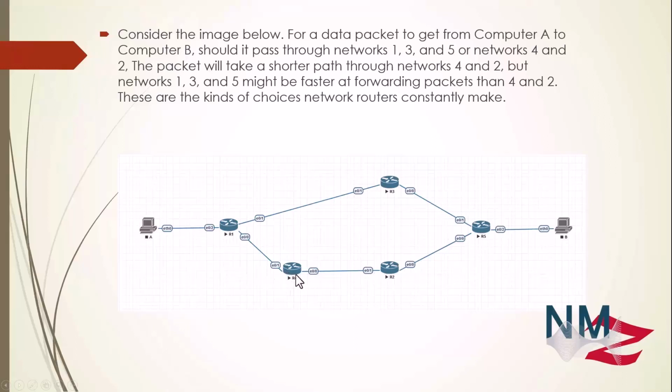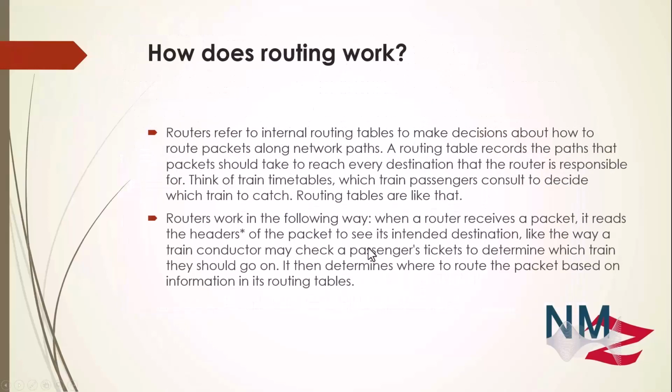In this case, the router will decide which path to select to transfer this packet from computer A to computer B. As you see, the top path is shorter, and the router may use it to send the traffic, but in practice the other path at the bottom may be faster because of using robust routers, and the router will decide which path to select to transfer this packet.